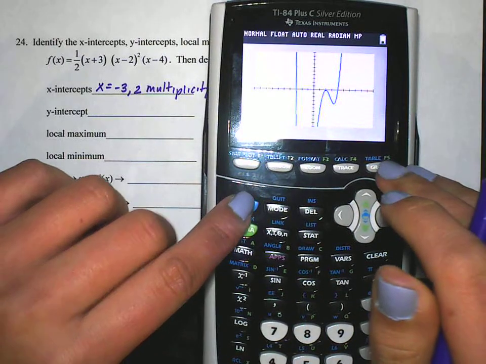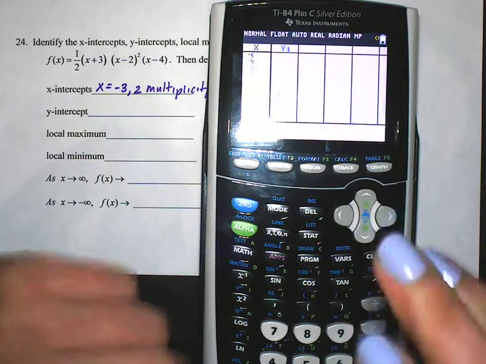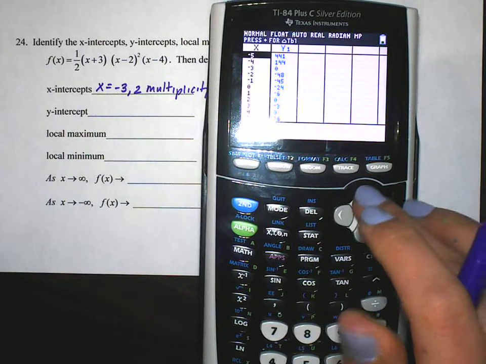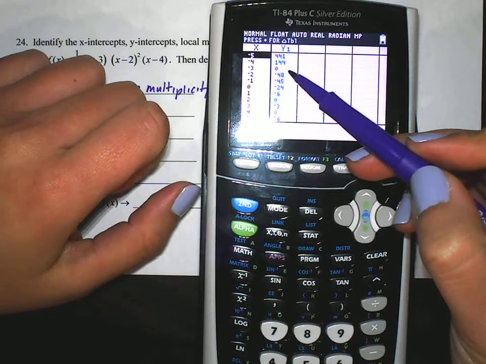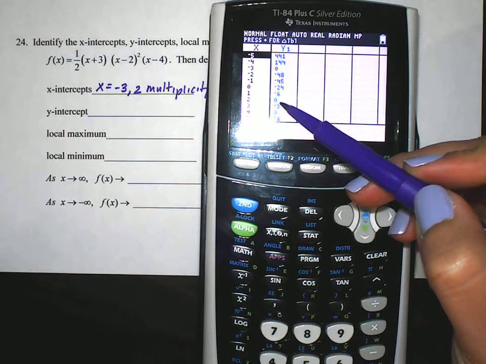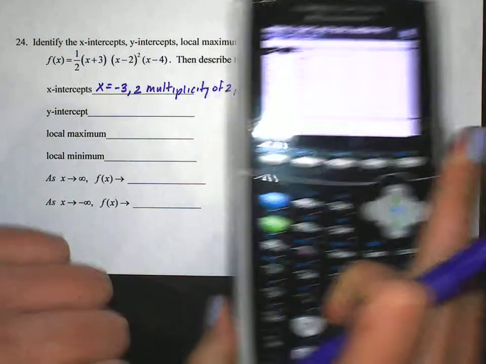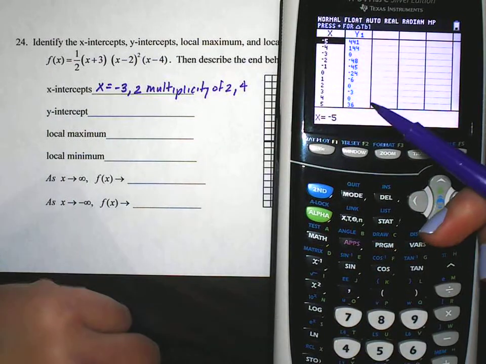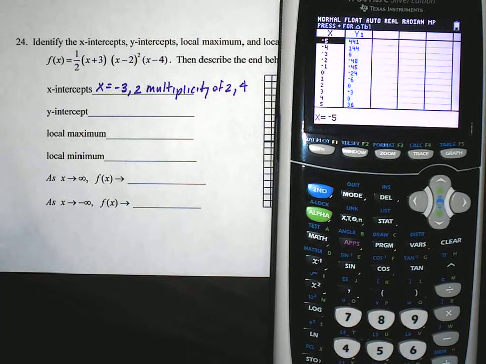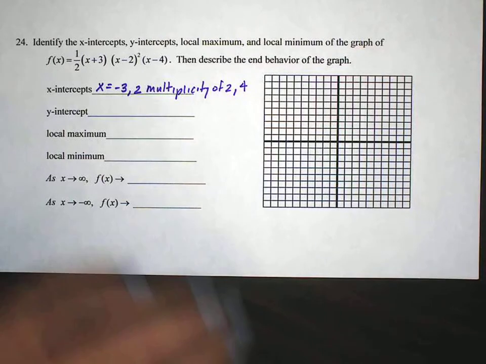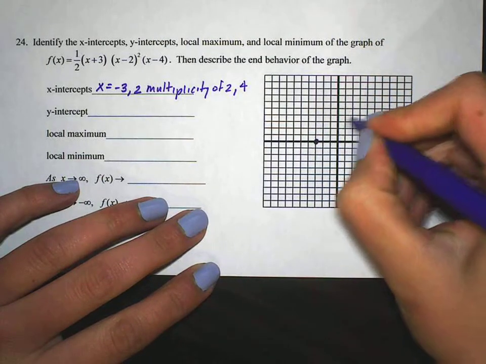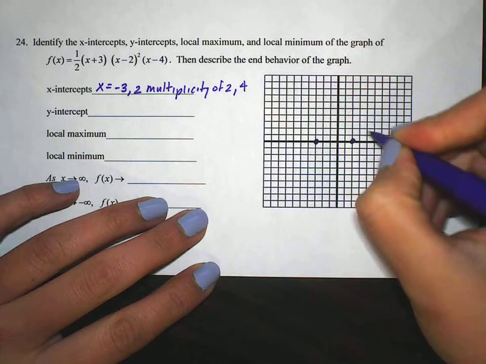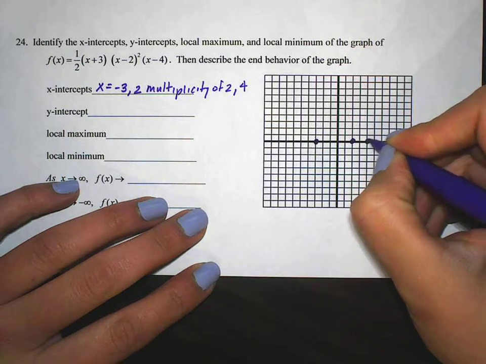The other way is you can go to your table, and I should have y equals 0 for each of those three values. So -3, I have a 0 next to it. +2, I have a 0 next to that as well. If I look at +4, I have a 0 next to that as well. Alright, so what I can do now is actually go ahead and plot these three x-intercepts.